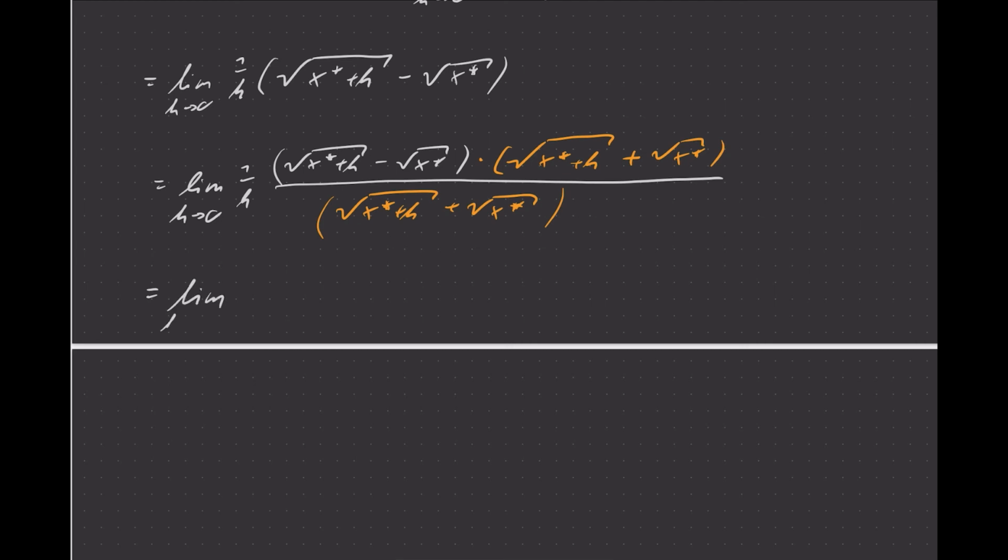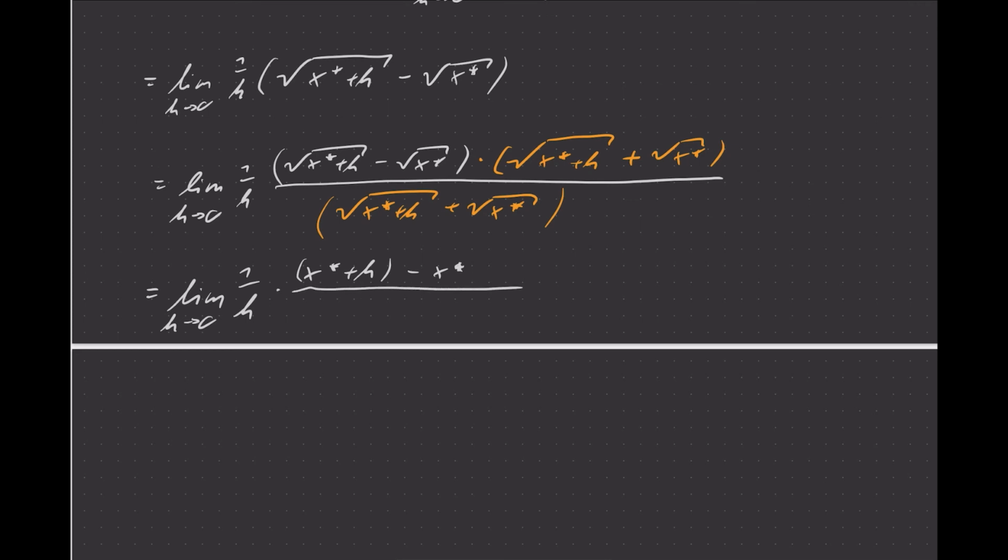So what we obtain is, again, that same limit here. And now we have square root of x star plus h squared. So that's just x star plus h. Minus the square root of x star squared. And that's just x star. So this is the new numerator.